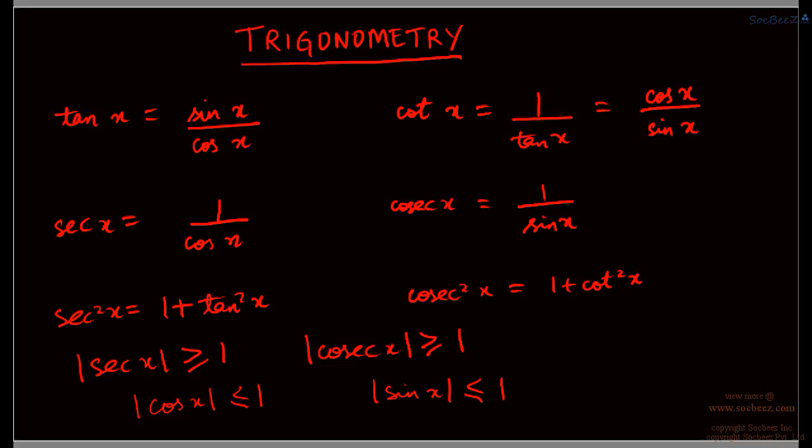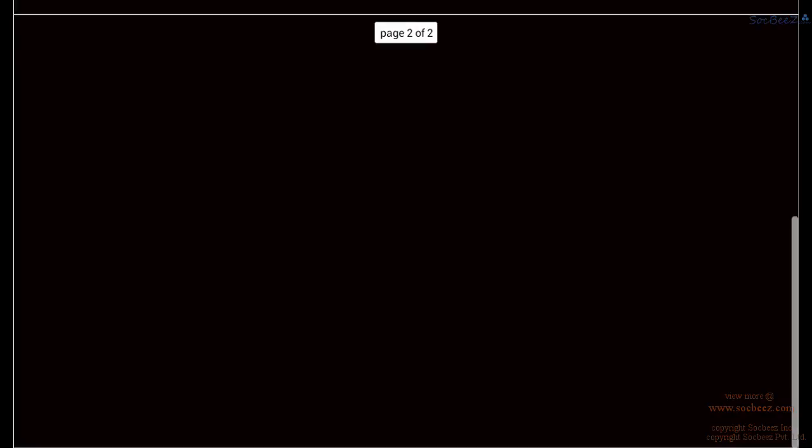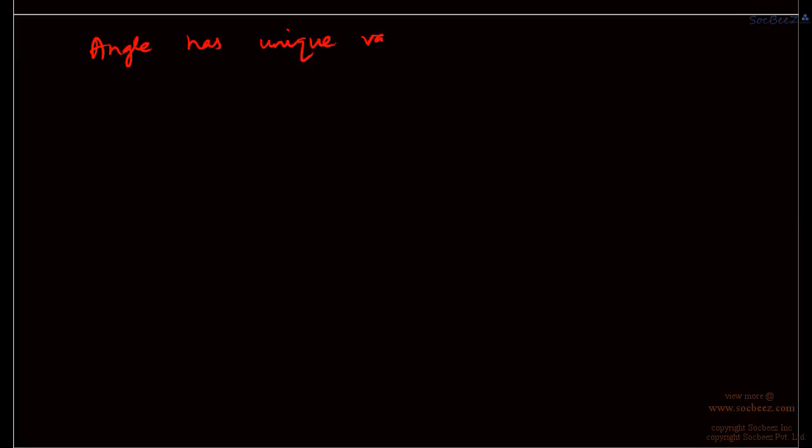Now moving forward to the ratios of the allied angles. As we all know, x or the angle theta can vary only from 0 to 360, and over this range the functions have unique values.